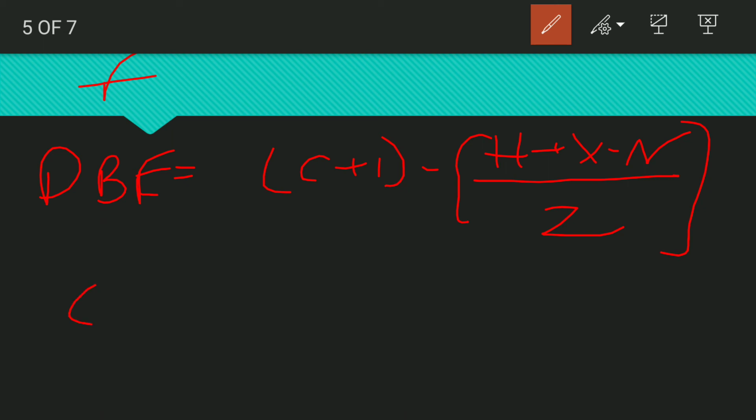Now I have C3H6Cl2. Now what is the DBE value here? You know what X is, that is halogen. What is N? Nitrogen. What is H? Hydrogen, divided by 2.